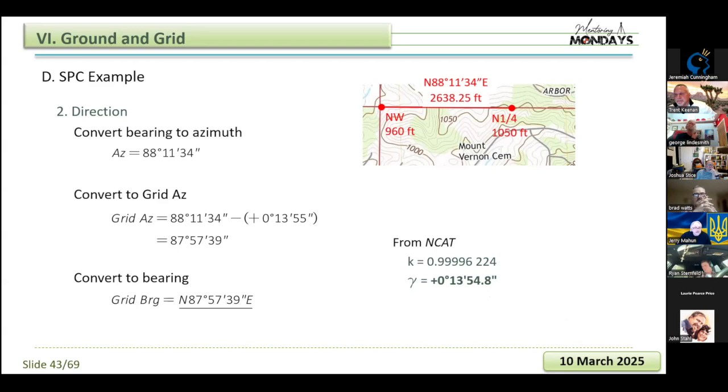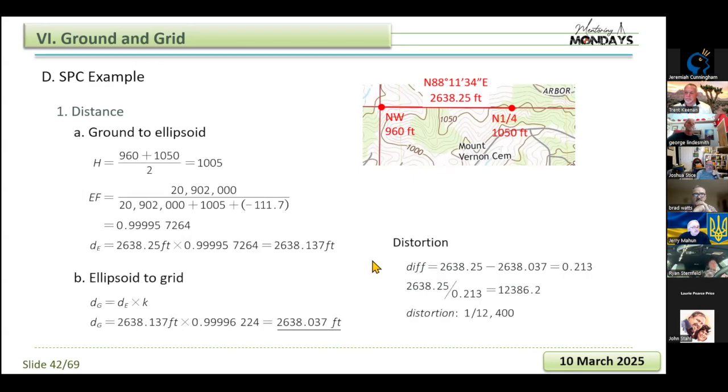Jerry, before you moved on, you had a question: would the conversions be U.S. survey foot or international foot? We use the survey foot here in Wisconsin. Everything I'm dealing with in here in feet is in survey feet.